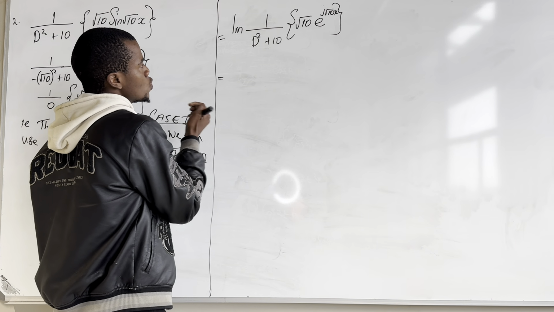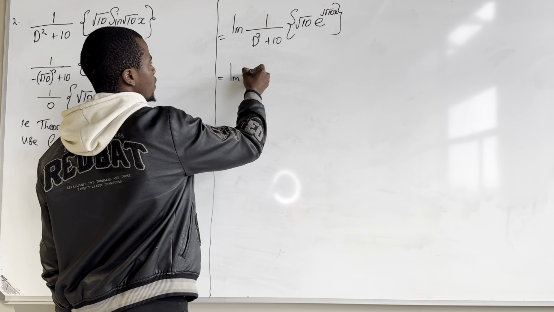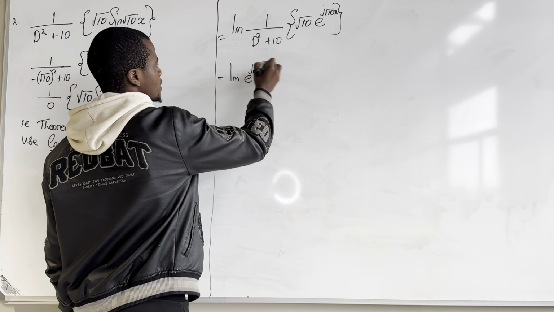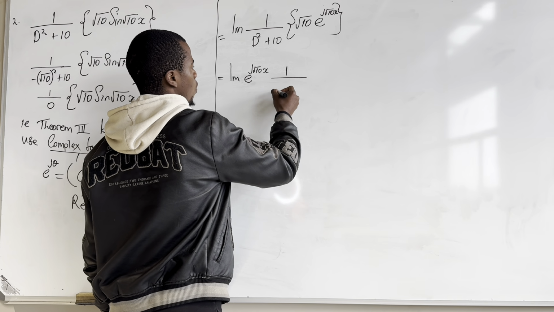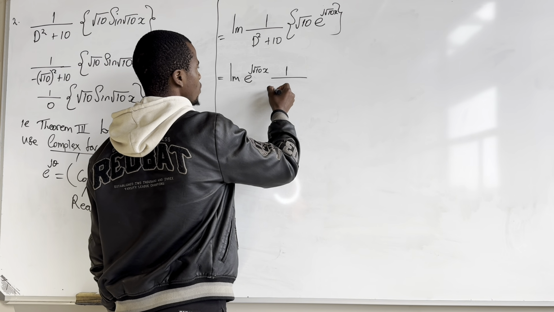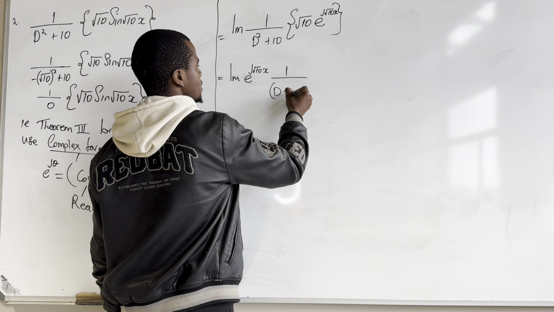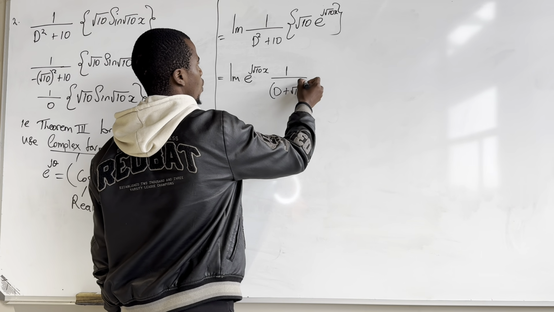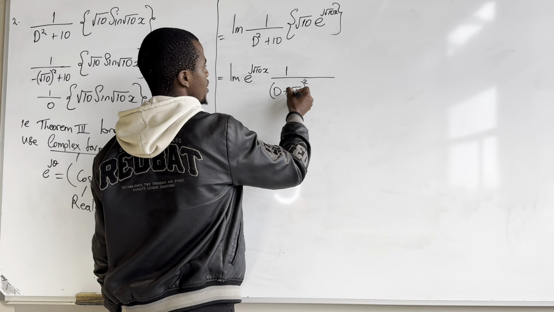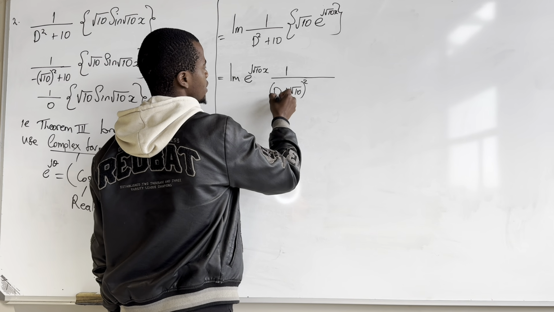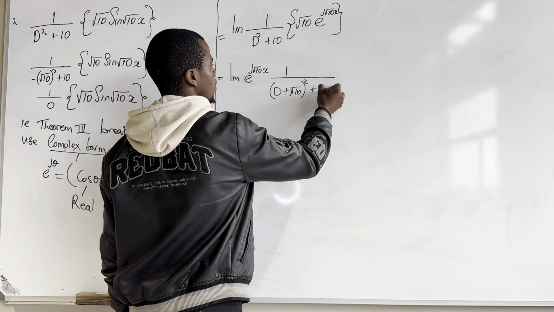So what are we going to say? We say the imaginary, e to the power of j root of 10x, and then it is 1 over, since we are applying theorem 2, D plus a j root of 10, all squared, plus 10.